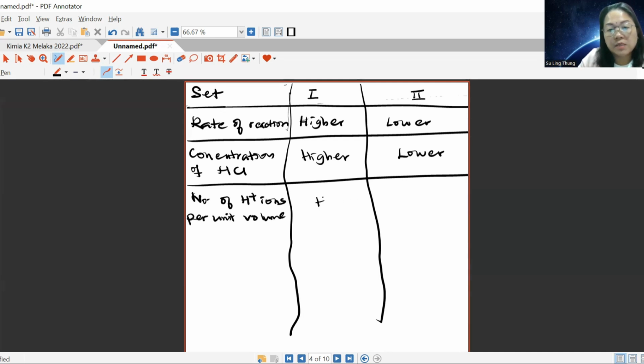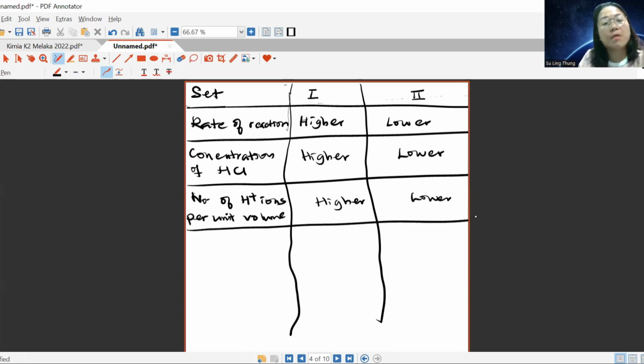Okay, so this one is higher in set 1 and it's lower in set 2. Okay, so due to the number of hydrogen ions per unit volume, the collision between H+ ions and calcium carbonate is definitely higher and the other one is lower.